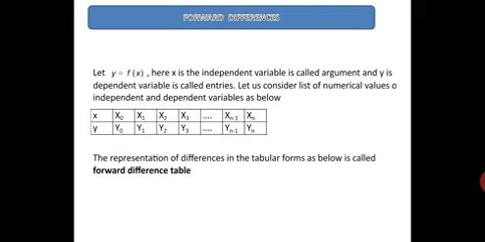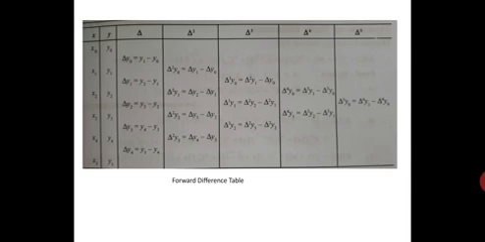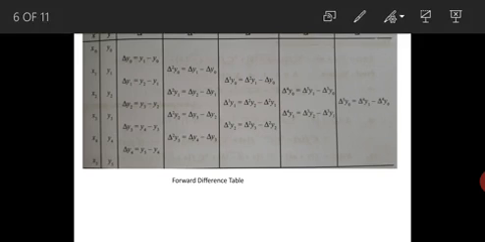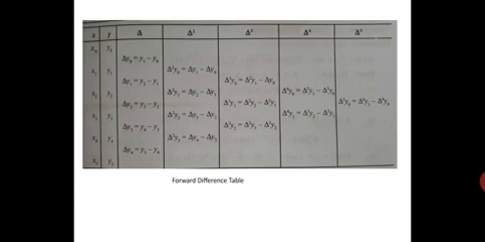Okay, to create the forward difference, I am now going to create a forward difference table by taking some particular values. So you can see it here. The x consists of 6 entries: x0, x1, x2, x3, x4, x5, and y has y0, y1, y2, y3, y4, y5. There are totally 6 entries, right?